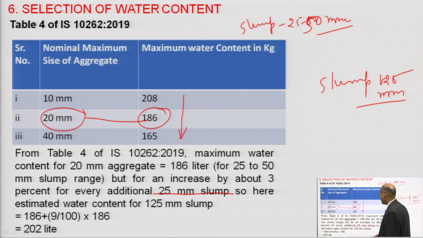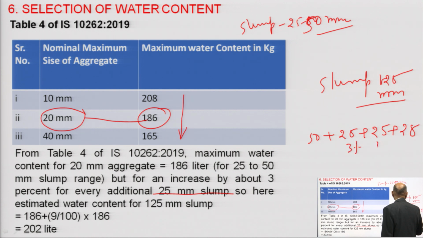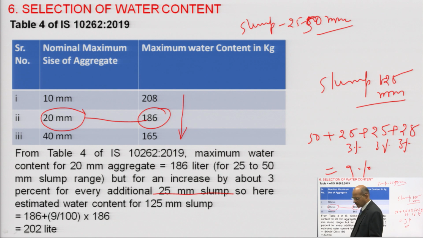Our slump is increasing to 125, so you can say 50 plus 25 plus 25 plus 25. So, 3%, 3%, 3%, a total of 9% we have to increase the water value. The water content required is 186, and we have increased it by 9%. So, our water requirement has come to 202 liters.